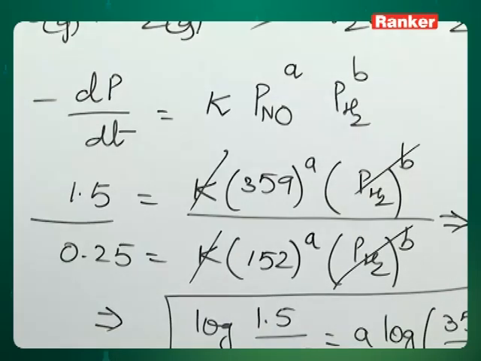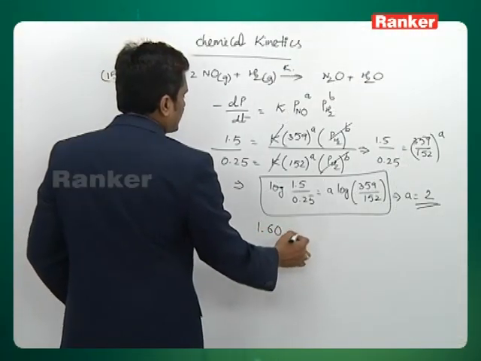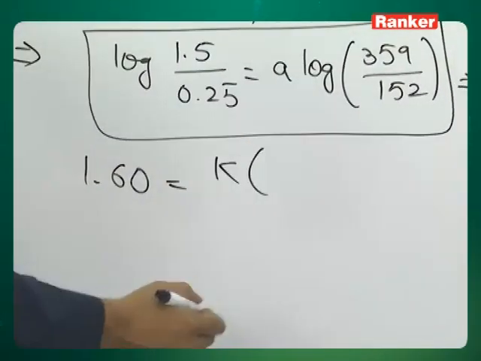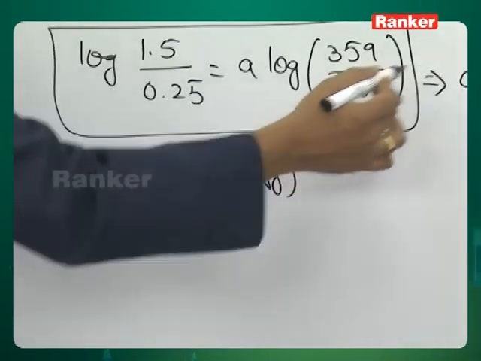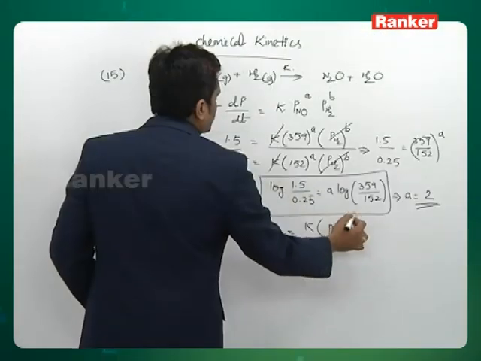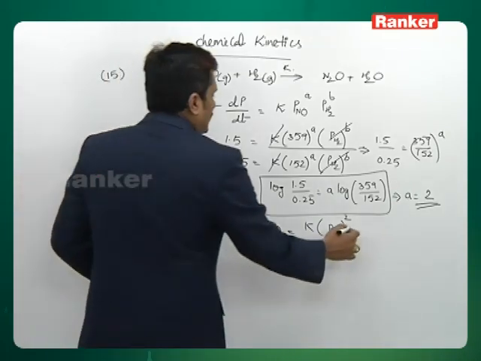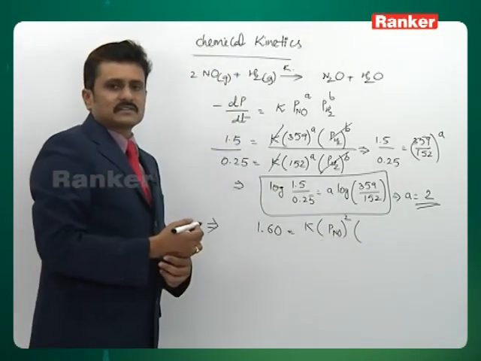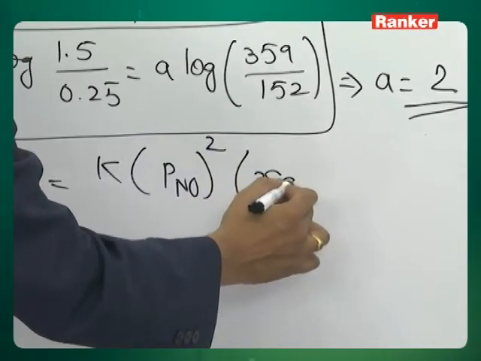So we have 1.60 torr per second as the rate. When the pressure of NO is made constant, already we got the value of A, and since I know the value of A, I will be writing it as 2, into the partial pressure of H2, which in the first case is taken as 289 torr.